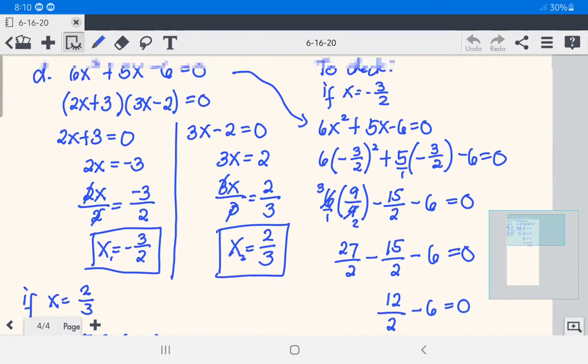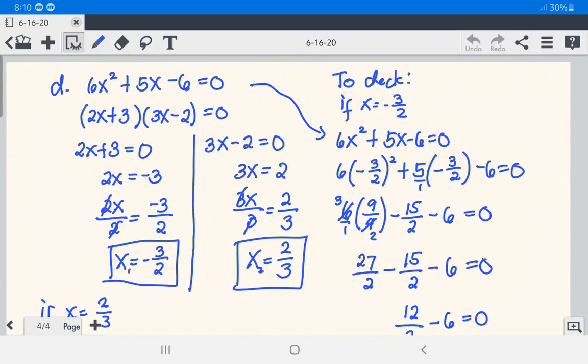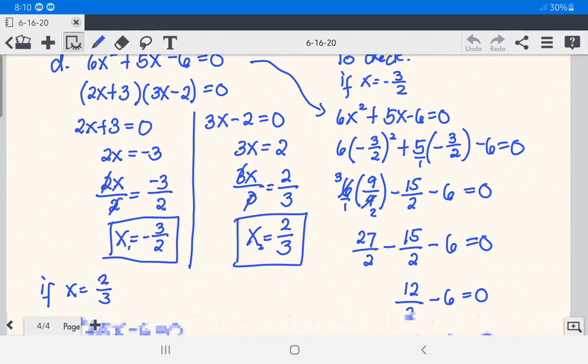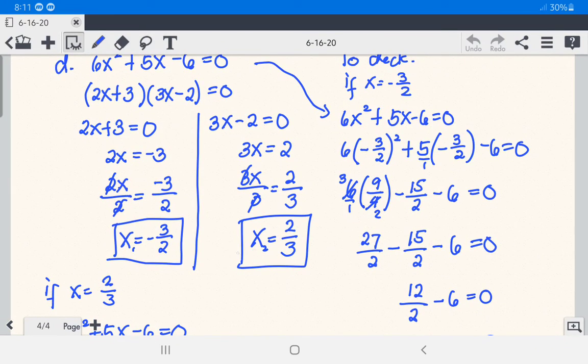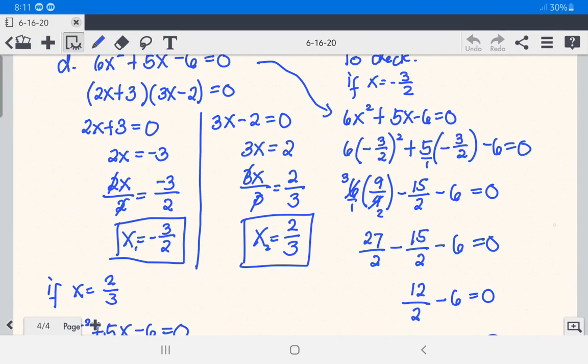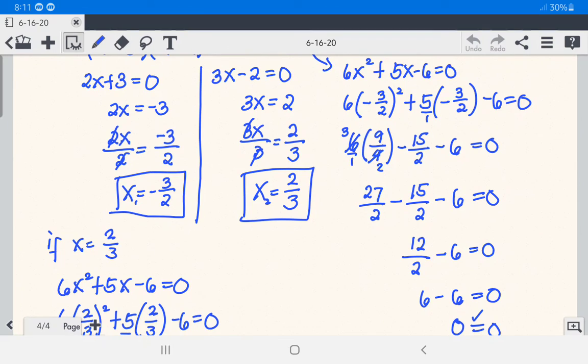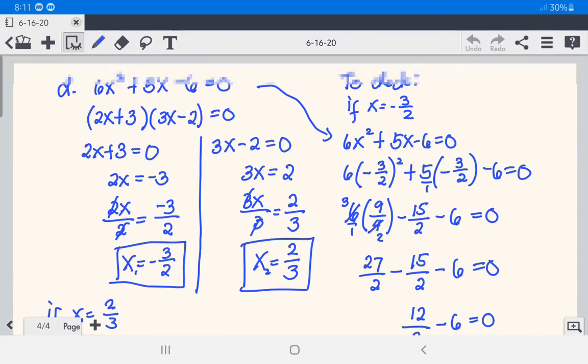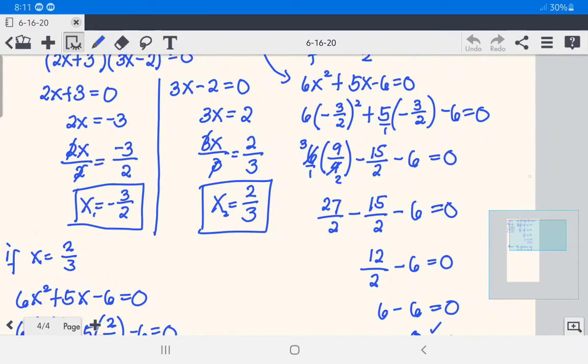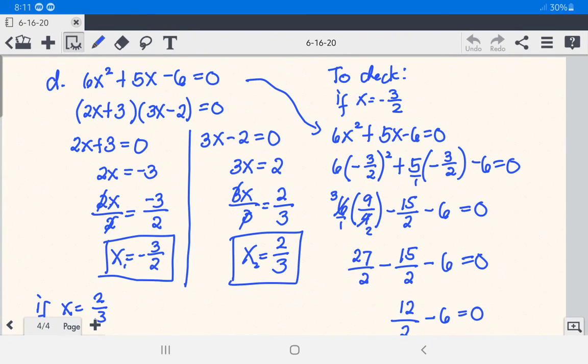Okay, so this is the equation, 6x squared plus 5x minus 6. Solutions are negative 3 over 2 and then 2 over 3. So, okay. That's it.